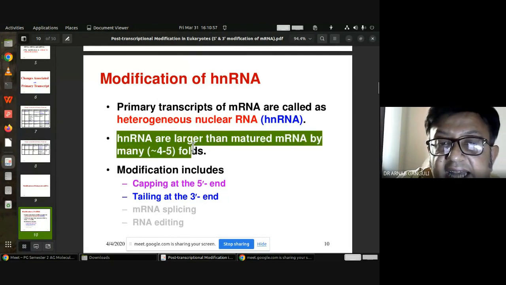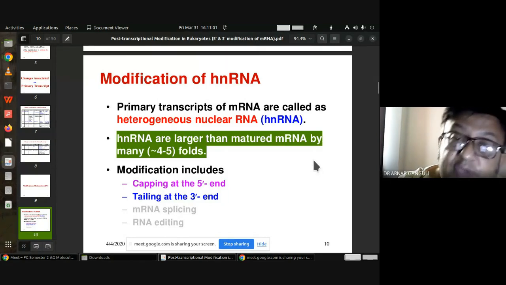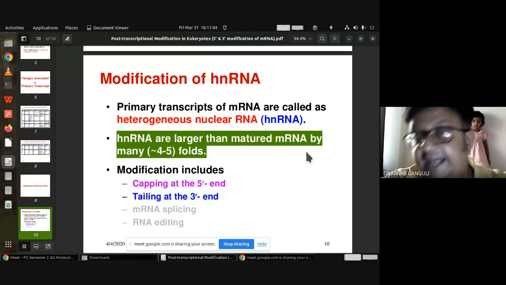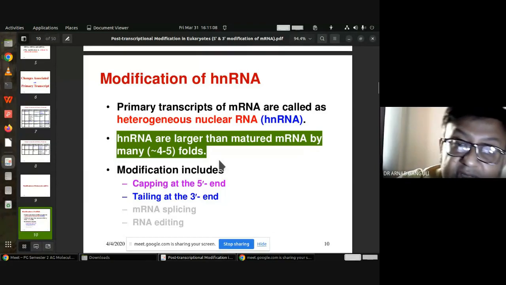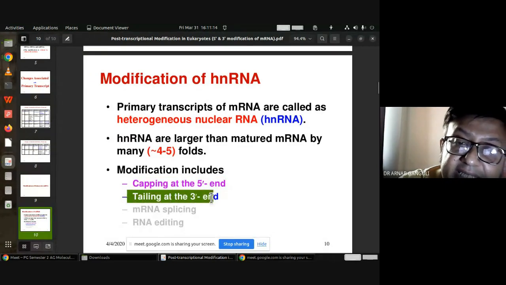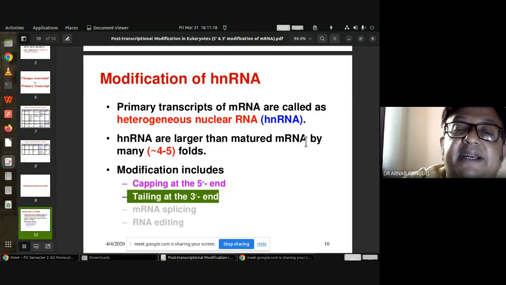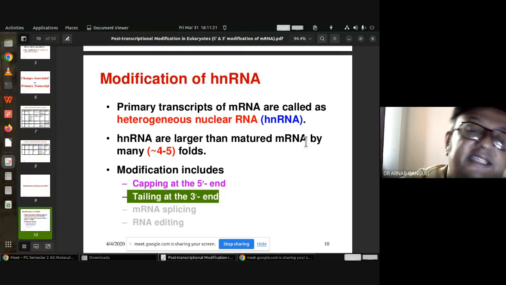They are larger than mature mRNA by many folds, around 4 to 5 times normal. The extra part goes out by splicing. So what are the modifications? The first modification is capping at the 5' end and tailing at the 3' end. Capping is the 5' methyl guanosine cap and at the 3' end poly A tail addition.